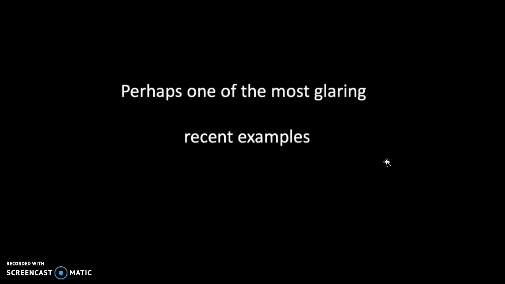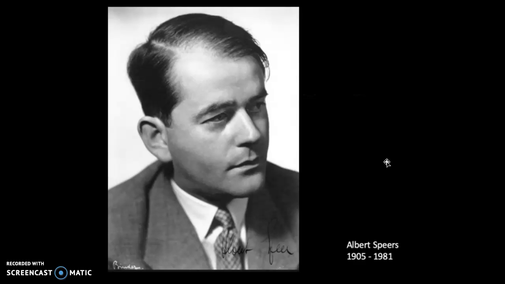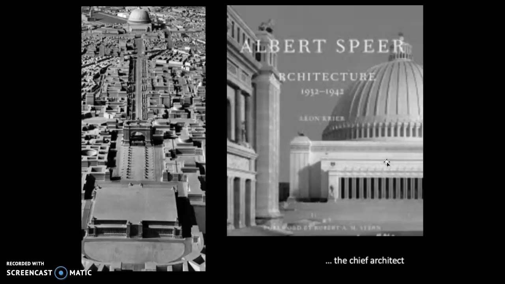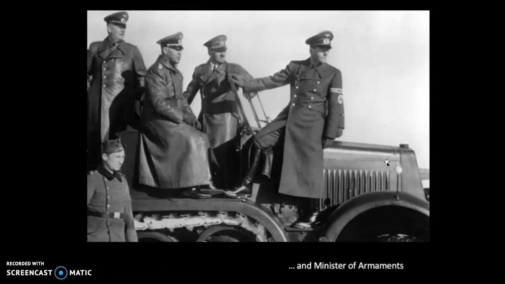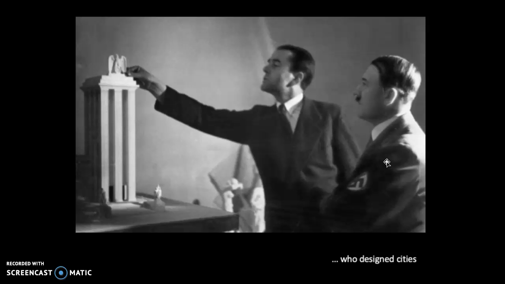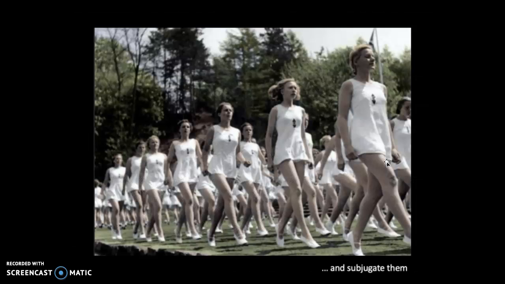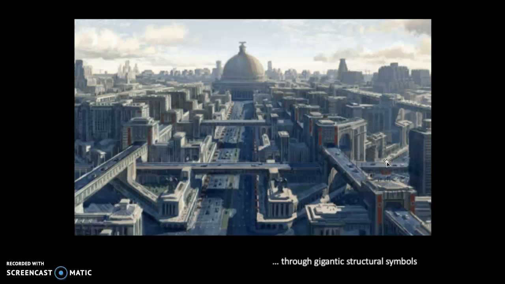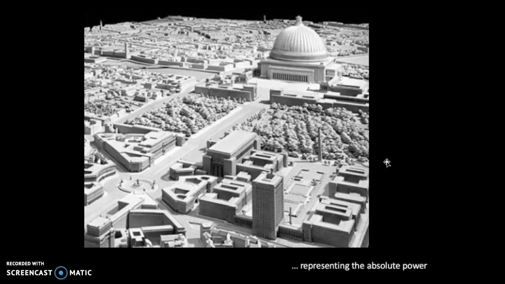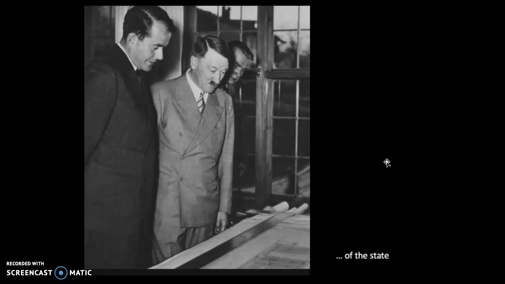Perhaps one of the most glaring examples, I think, of public manipulation through large-scale design was by Albert Speer, who was the chief architect and minister of armaments of Nazi Germany, who designed cities specifically proportioned to overwhelm the individual and subjugate them through gigantic structural symbols representing the absolute power of the state.